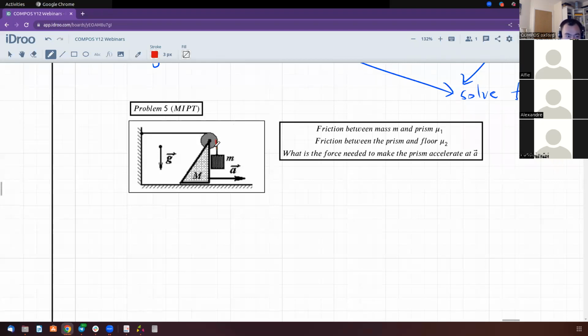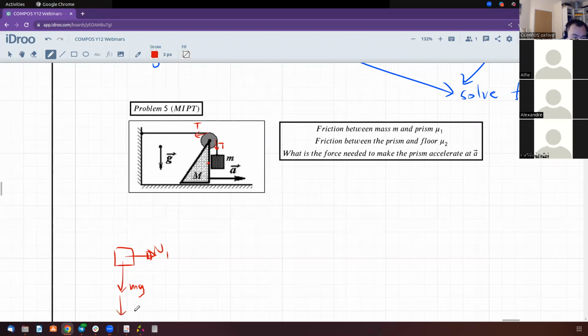So you have tension down, tension left, because it's the same rope, same tension, and mg. So, okay, draw mg. We have the normal force from here, let's call it N1. There's a friction force, so we're pushing this, so there's a friction force going down.